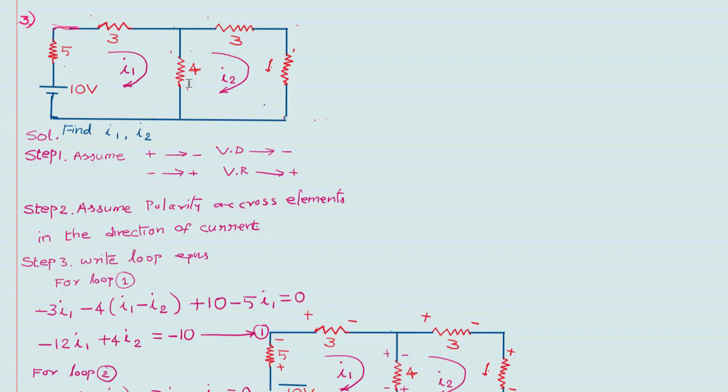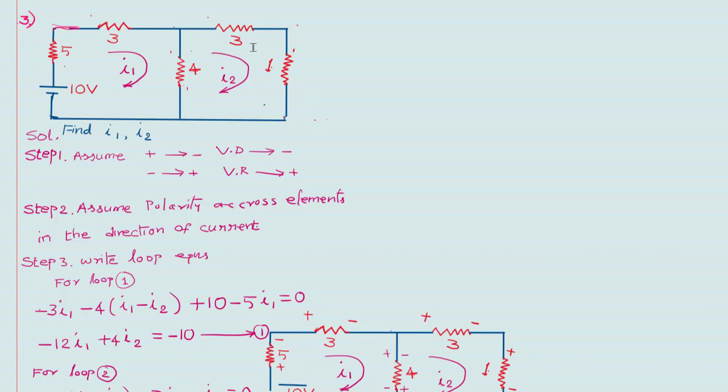So what we need to know is what is the current flowing in this loop and in this loop. This loop 1 current we call as I1 and loop 2 current we call as I2, like this.